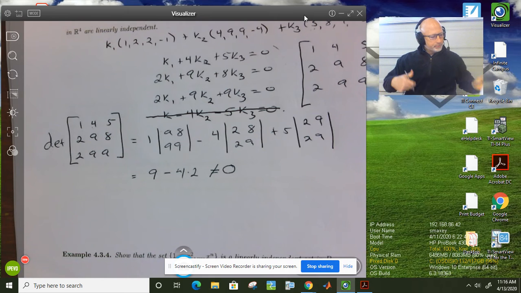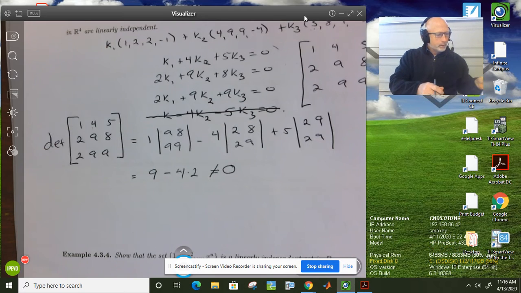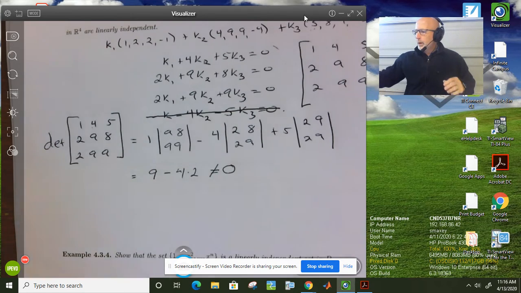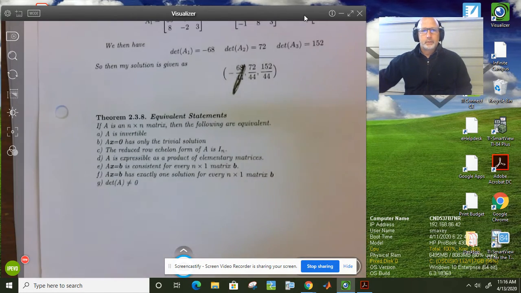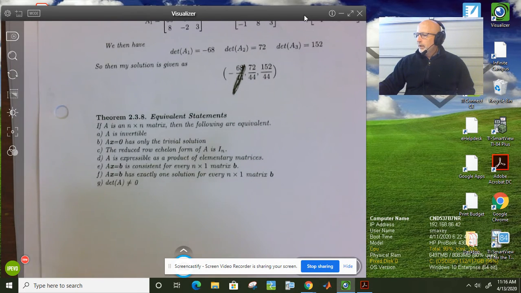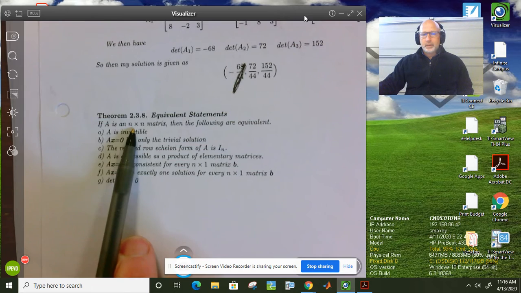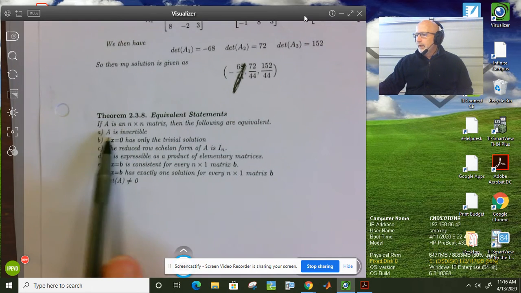So what does this mean? All the way back in chapter 2, actually theorem 2.3.8, which I'm trying to get to right now, right here. So theorem 2.3.8 is this. These are equivalent statements. If A is an n by n matrix, which it is, then the following are equivalent. A is invertible.